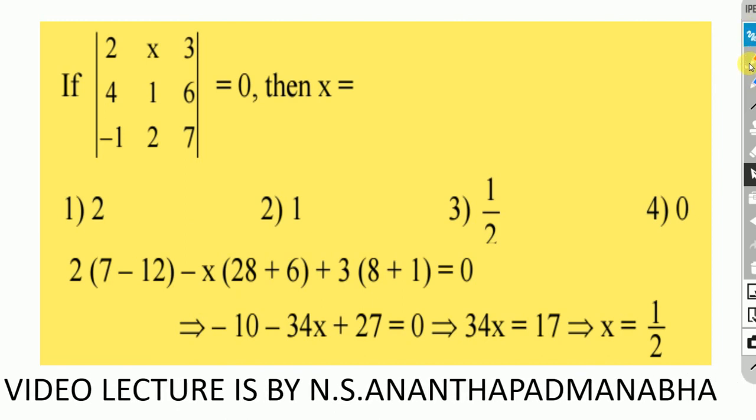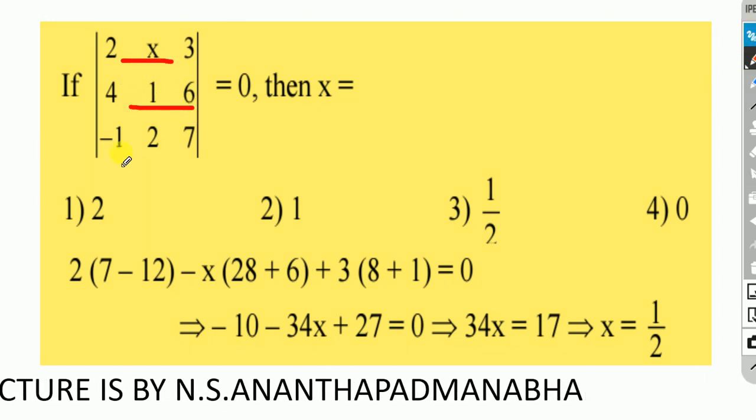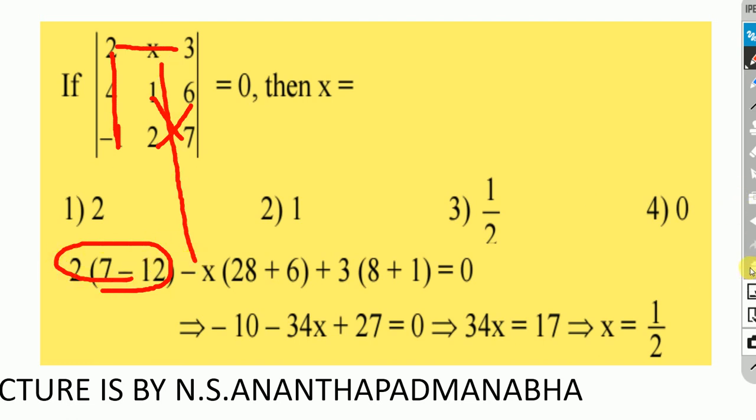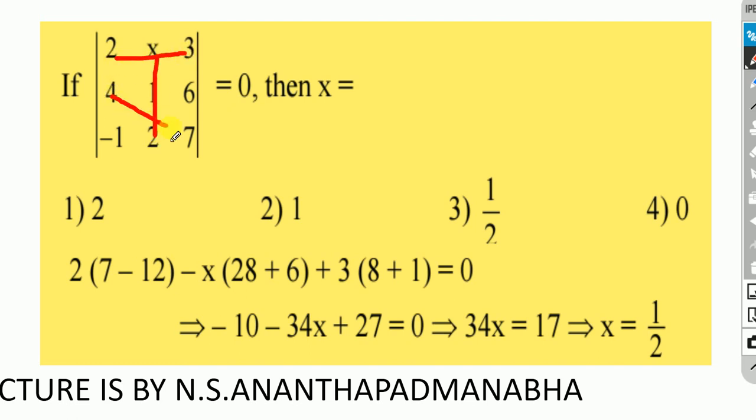So you can just expand to get the answer: 2 x 3, 4 1 6, minus 1 2 7. So I have 2 into 1 into 7 minus 6 into 2 here. 7 ones are 7, 6 twos are 12 here, minus x, and 4 into 7 is 28 here, plus 6, minus 6 into 1 is plus 6, and for this 3, I have to take this element 3 and eliminate its row and column, so that I have 4 into 2 is 8 plus 1 here, 8 plus 1. So this is how we will expand.